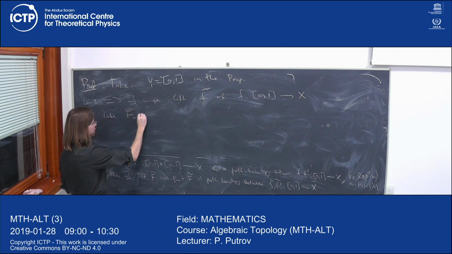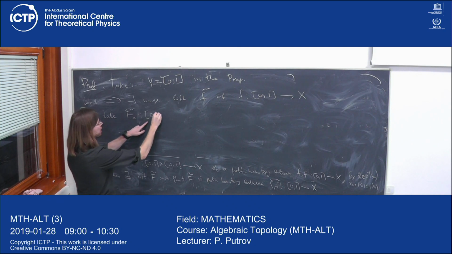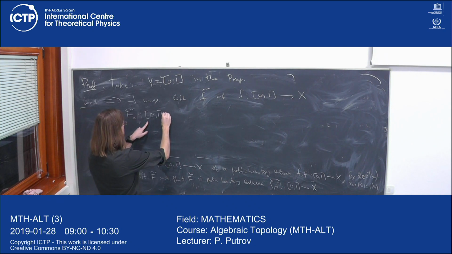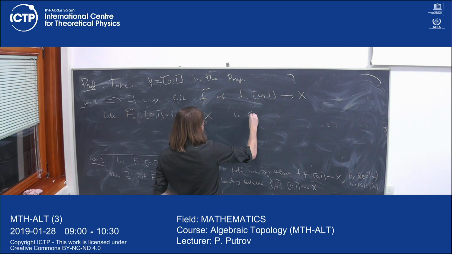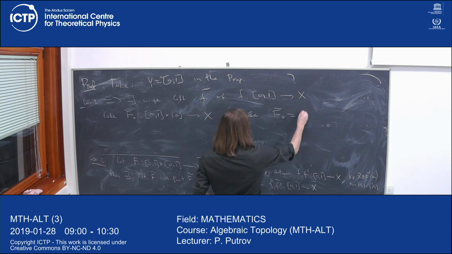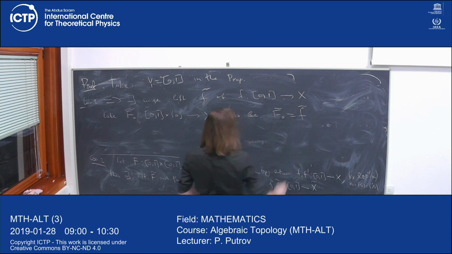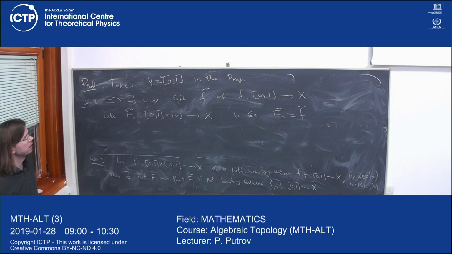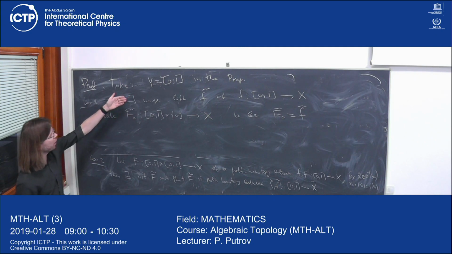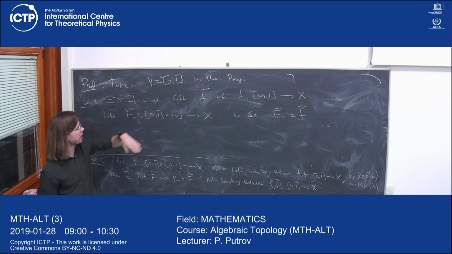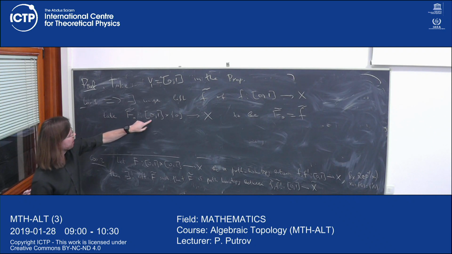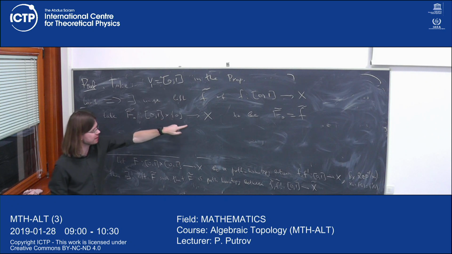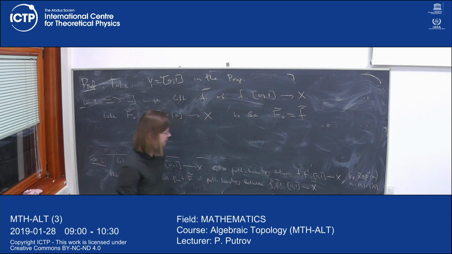Take f tilde 0, which is a map from [0,1] times 0 to X, to be f tilde. So now we can use the proposition. So we have here y. We have a fixed lift on y times the beginning of the interval to X, which is the lift of the path f tilde.